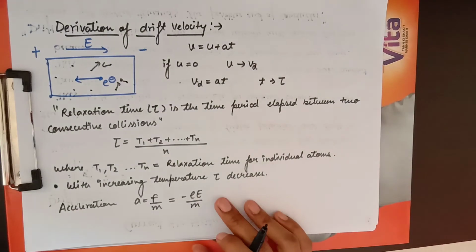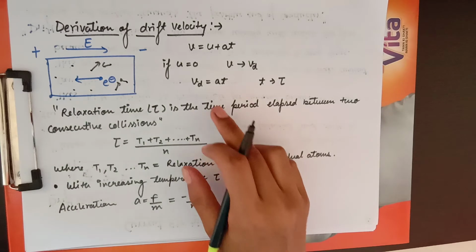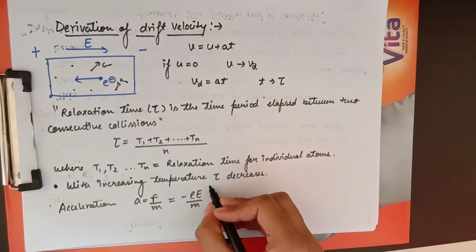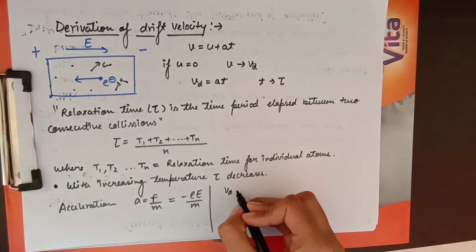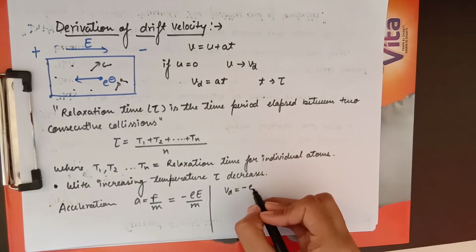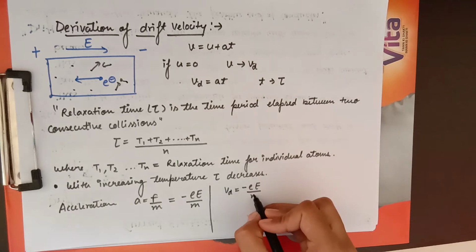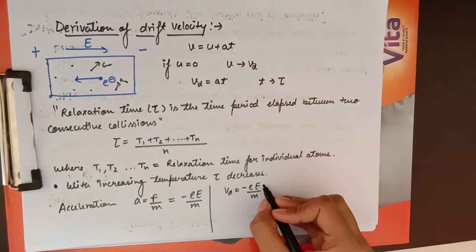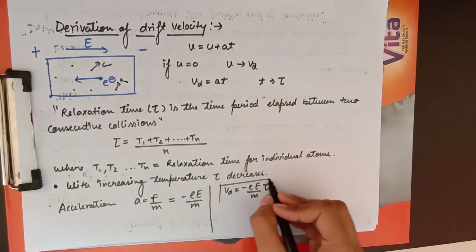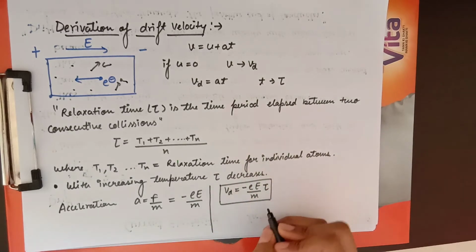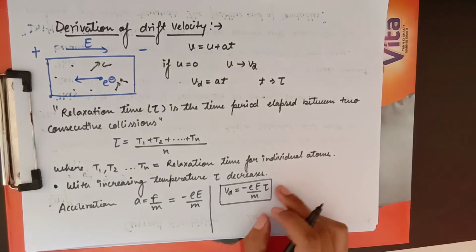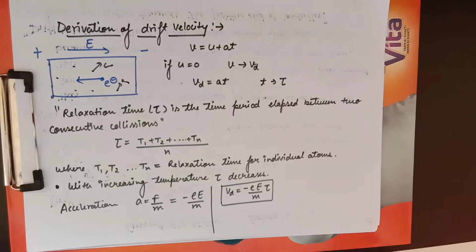Now I will put the value of a and the value of t as tau in this equation. After putting this, vd comes out to be, in place of a I will write minus eE divided by m, and in place of t it is relaxation time. So vd, the average velocity or drift velocity, comes out to be minus eE tau divided by m.